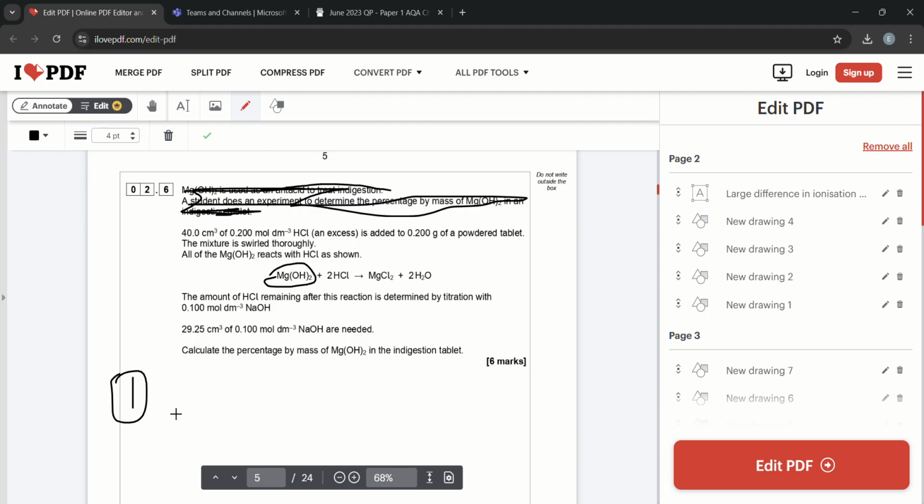Find out the moles of HCl, concentration times volume.